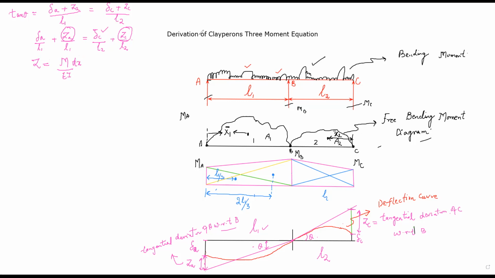Instead of dx, we can directly write x. M is the moment, and x is the distance.